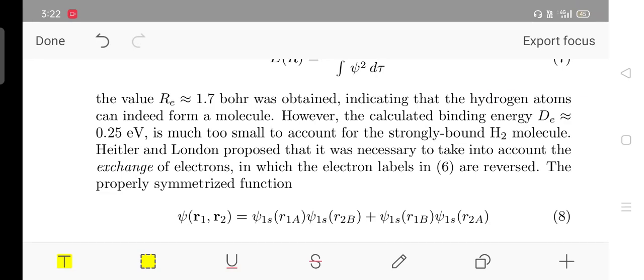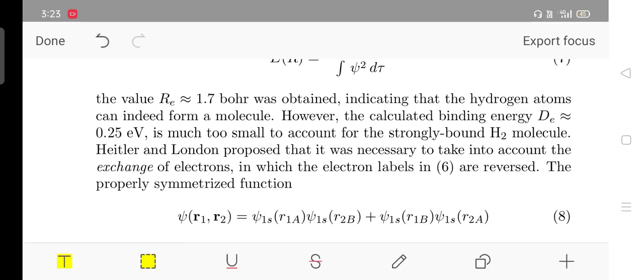The distance between the nuclei is obtained as 1.7, indicating that hydrogen atoms can indeed form a molecule. But the binding energy is much too small to account for the strong bond of the H2 molecule.